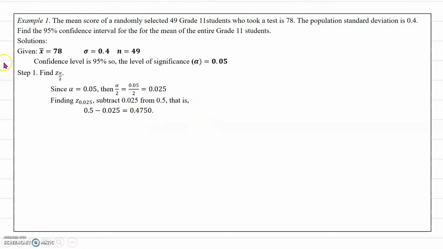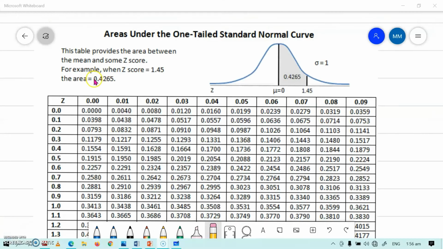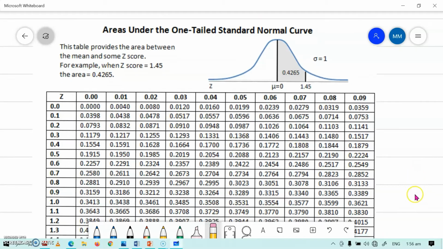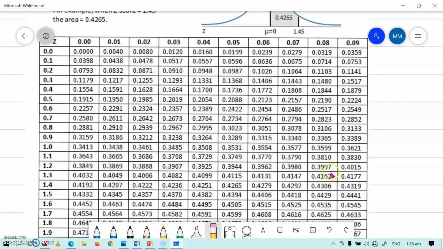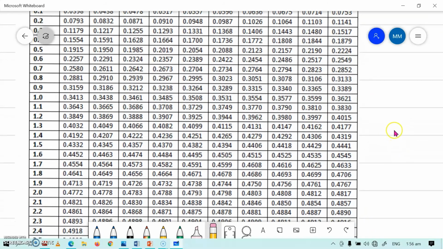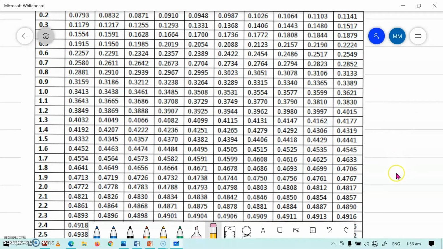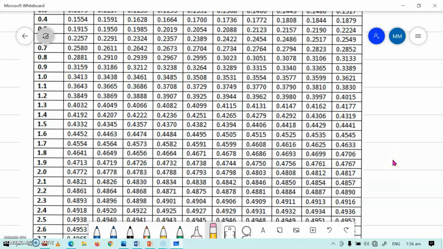We look at the z table. So you get your z table and find the area 0.4750. Here we have our z table, finding the area of 0.4750. Where is it? It's here.